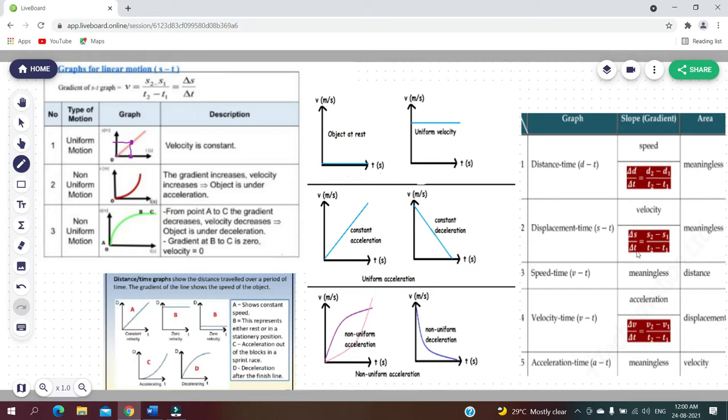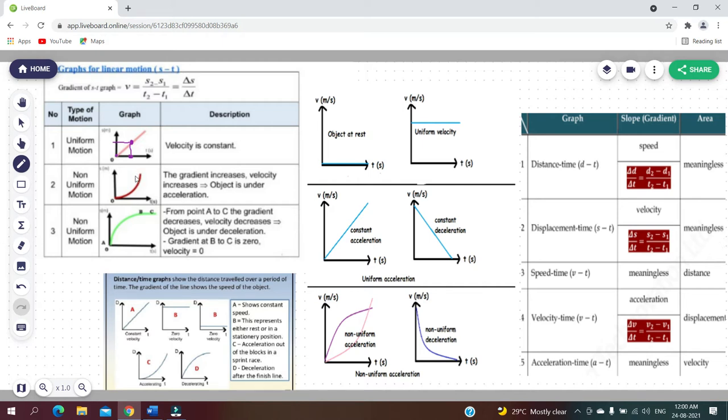For the displacement time graph, its slope indicates the velocity, and the area, that is, the measure on y-axis multiplied by the measure on x-axis, the product of y and x. So the product of distance and time is meaningless. The product of displacement and time is meaningless.